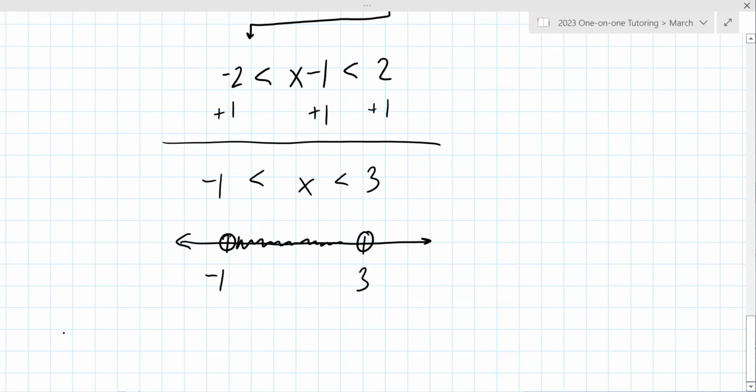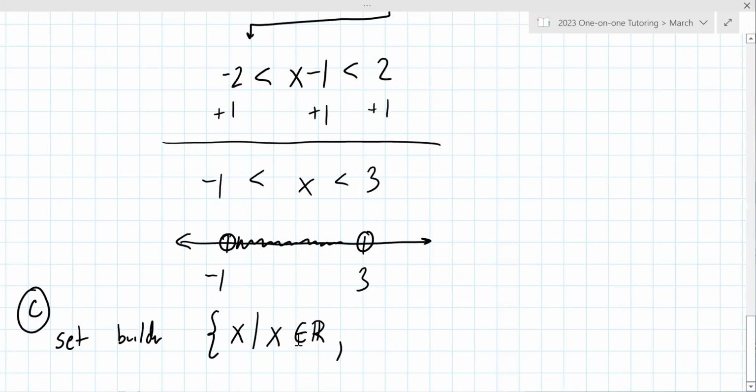All right, so if we go to set builder, I know we're jumping to part C, but C really does follow from A. Set builder notation is curly brace. You have to write x such that x is an element of the real numbers. This first part is always in there.